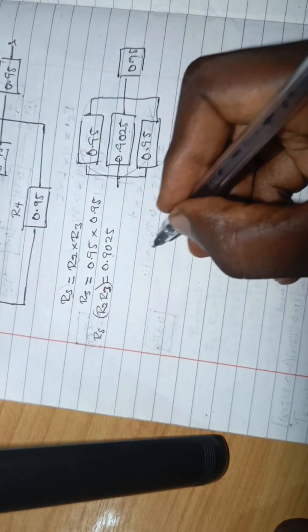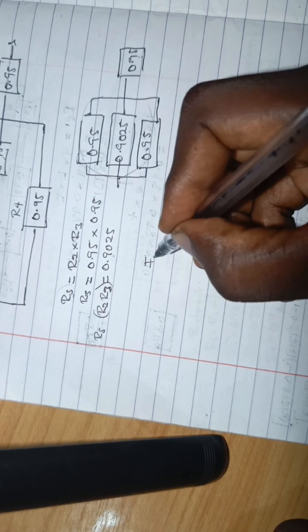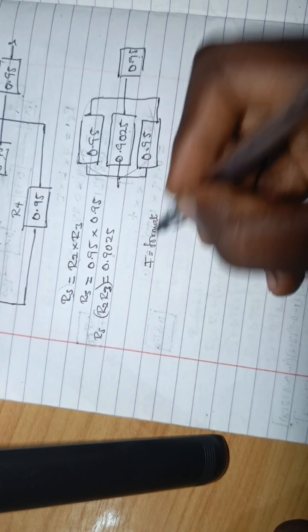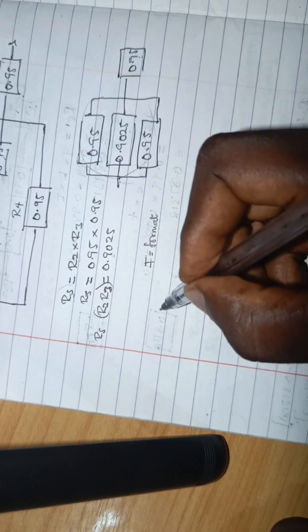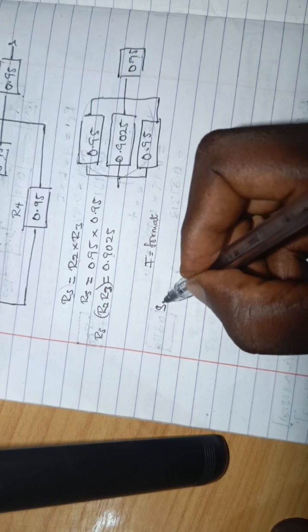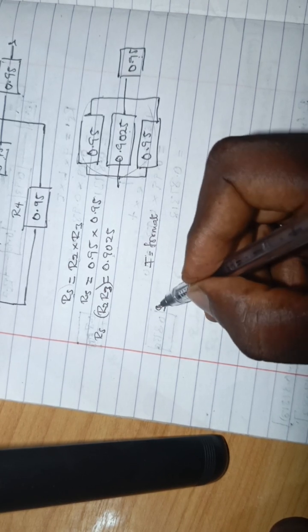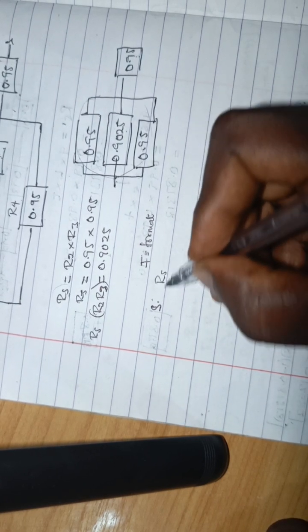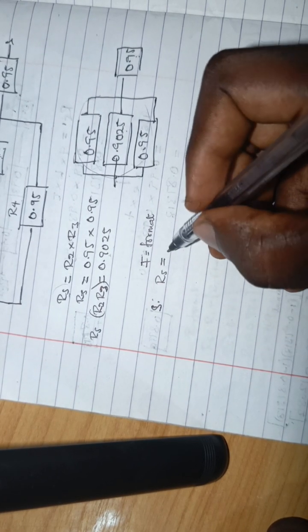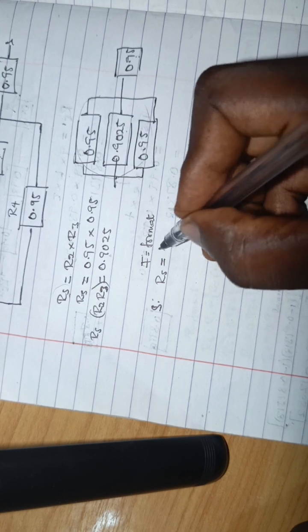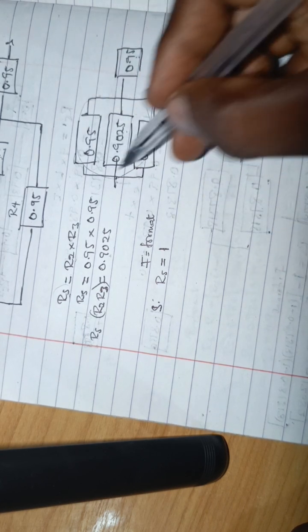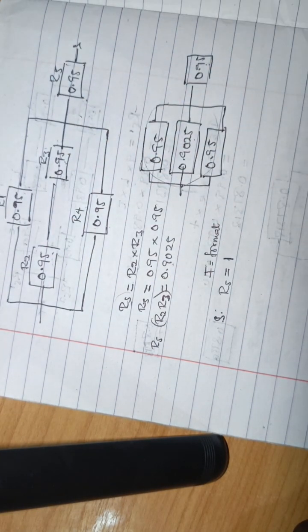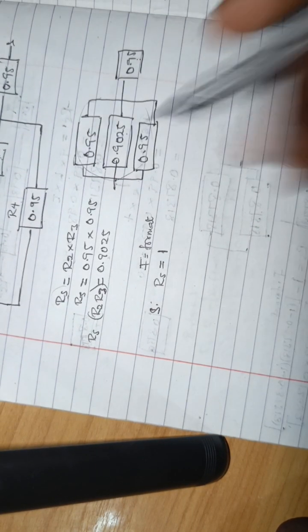So we start with the failure format. With the failure format, I told you that the system reliability is going to be 1. We assume that all this here is just 1, 100%.